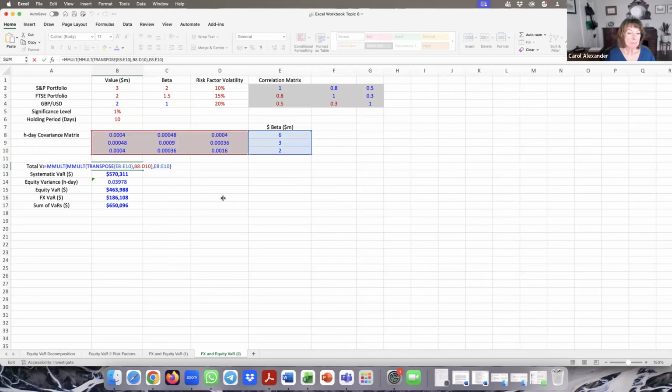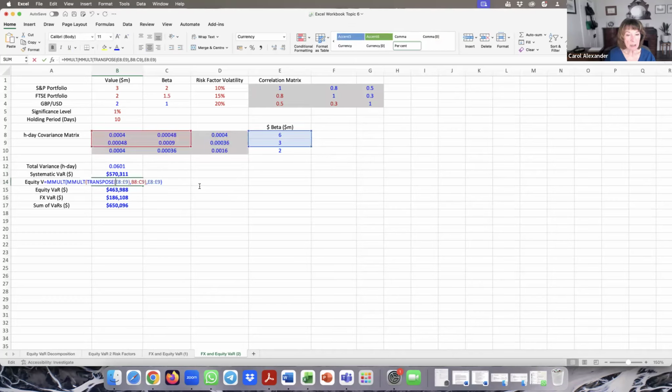So this is my beta prime VB with that the entire covariance matrix and the entire beta. You see, it's all framed, it's all used. And so I can convert that to systematic var using the normal model. I don't have to put the square root of time rule in here because I put it in the covariance matrix. And to multiply by 1 million to get the answer in dollars.